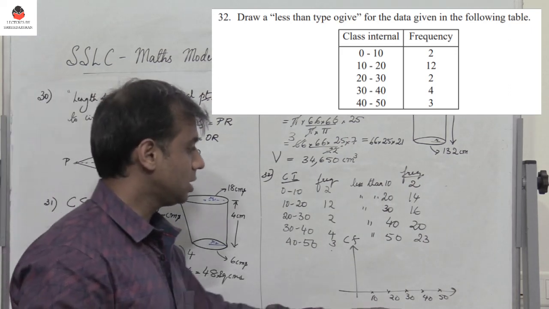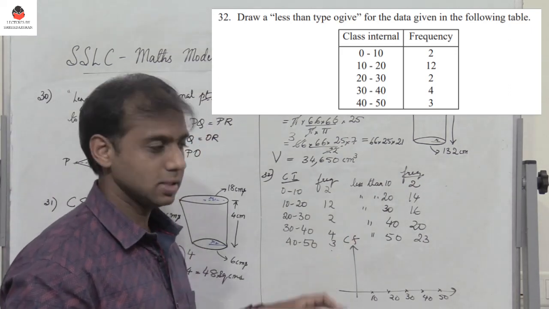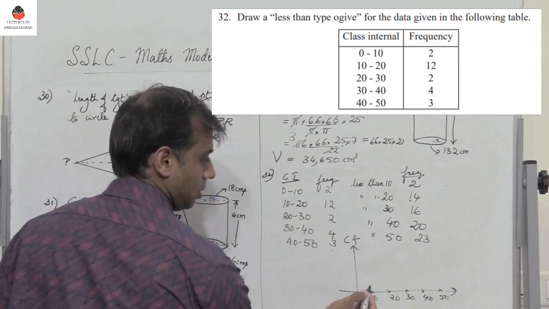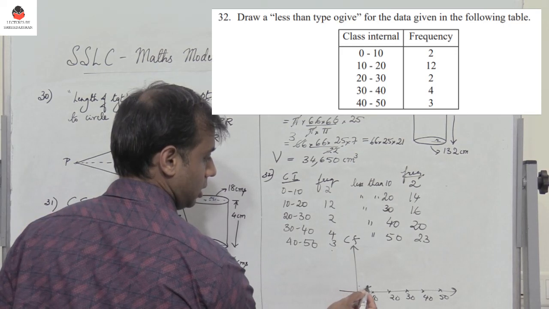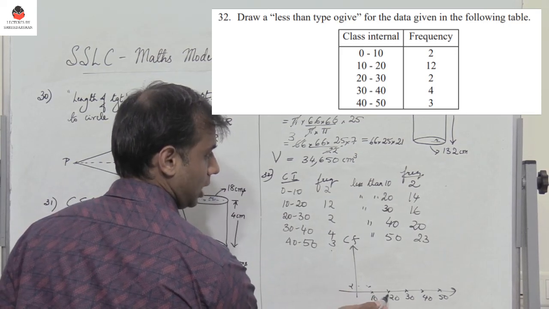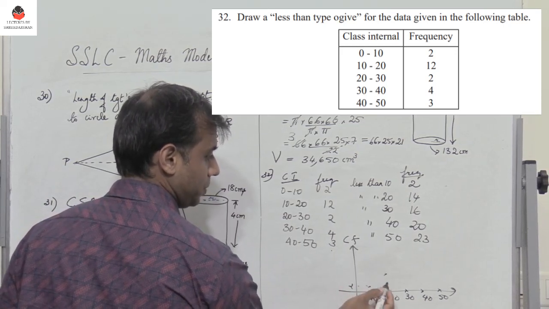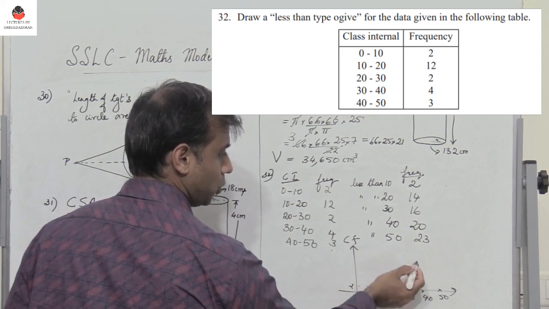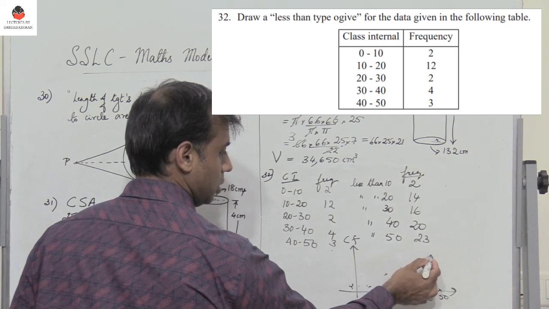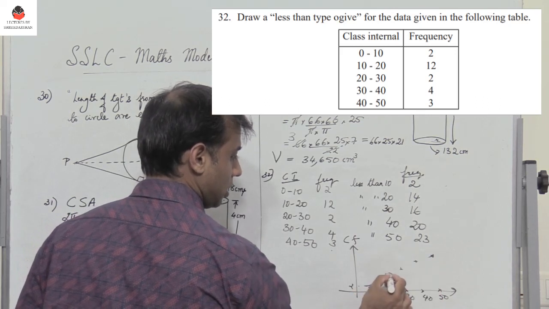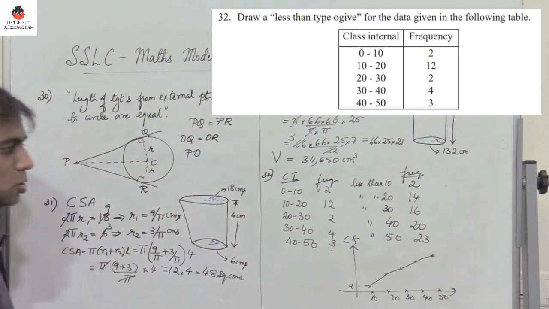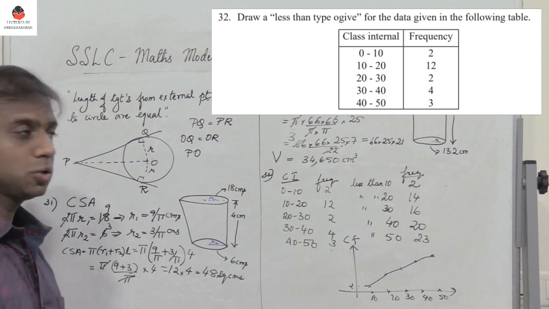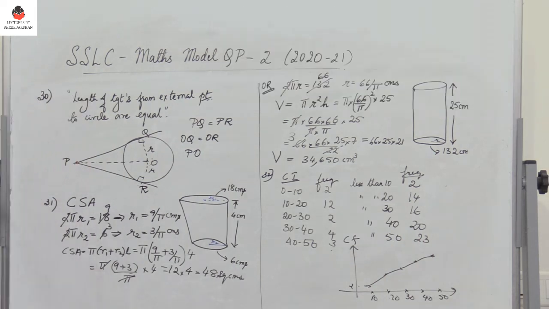Here we basically have to mark the upper limits of the class interval. So we find that up to 10 it is 2, up to 20 it is 14, up to 30 it is 16, up to 40 it is 20, up to 50 it is 23. So we'll get a curve like this. You join all the points, you get the curve. So very simple problem.